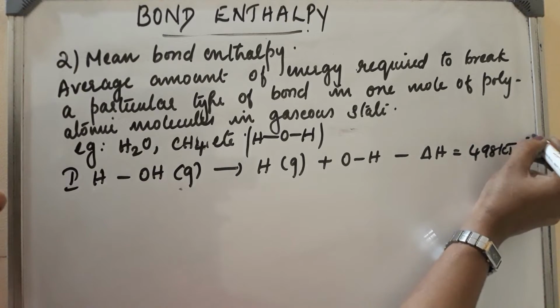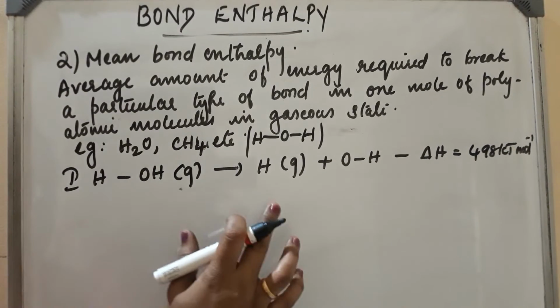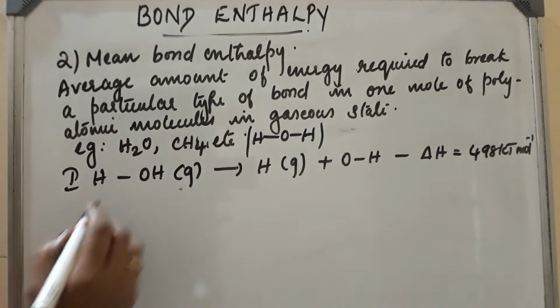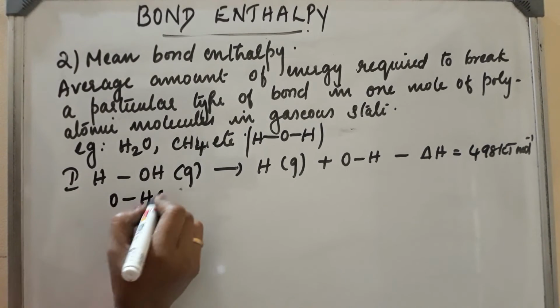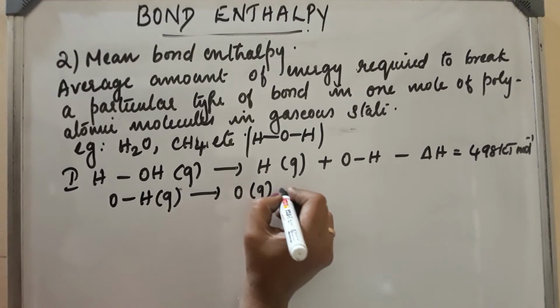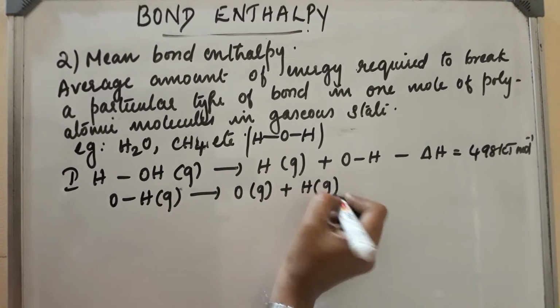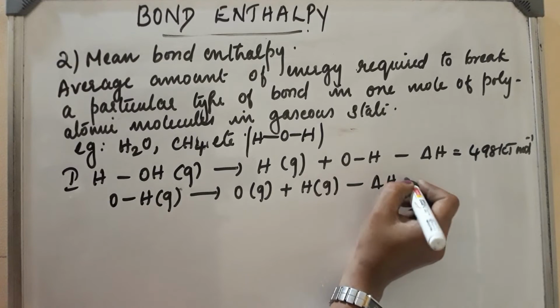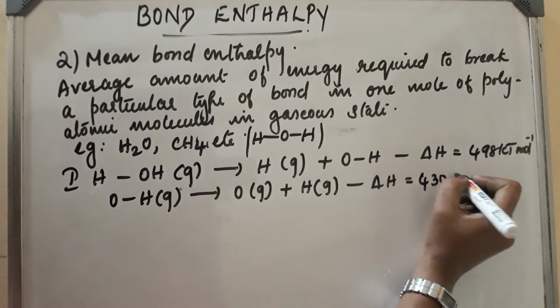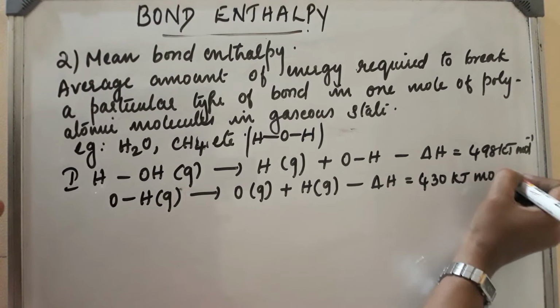Okay. Now the environment changes. Only OH bond is there. This H breaks. So next OH breakage. Here delta H is found to be 430 kilojoule. Okay. So both are different.